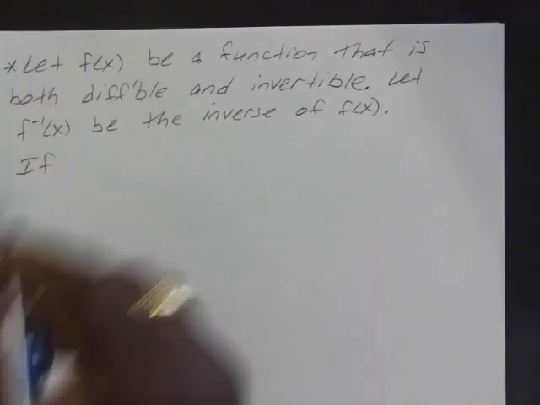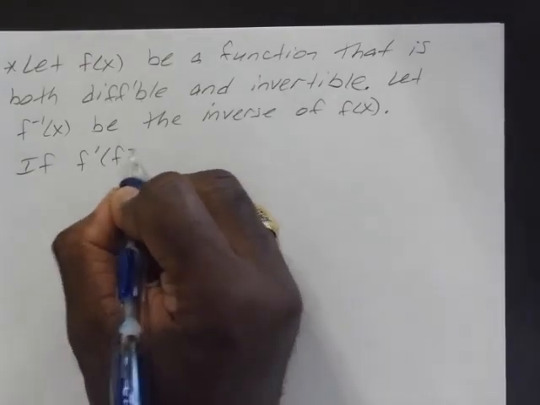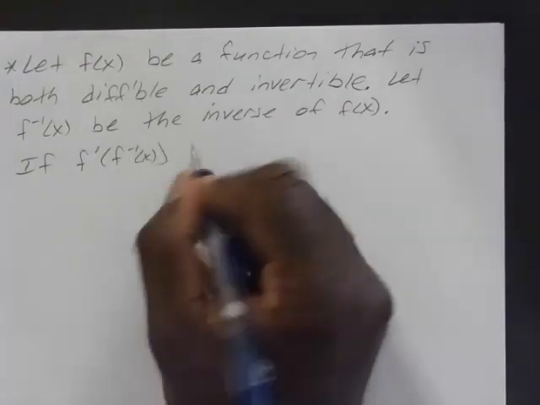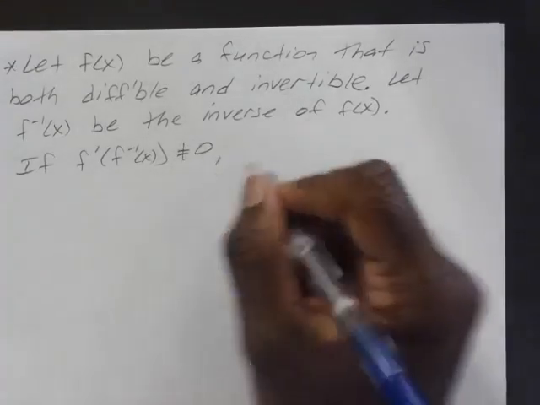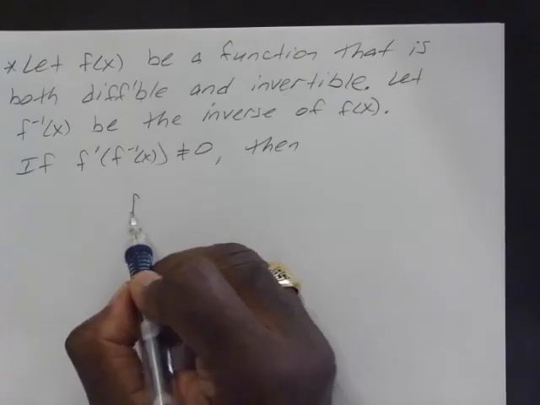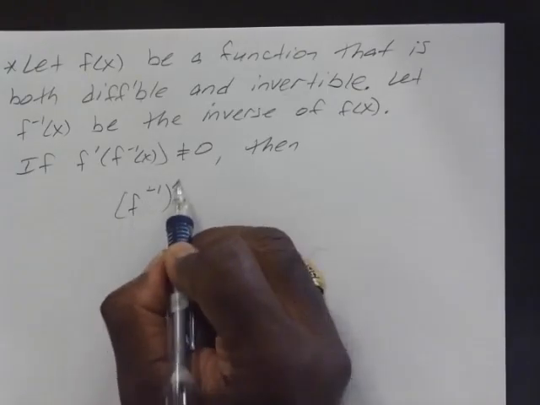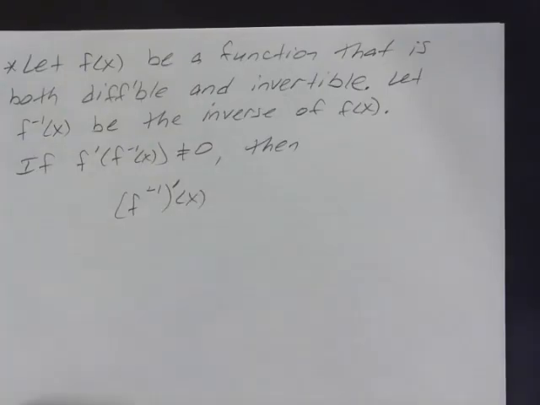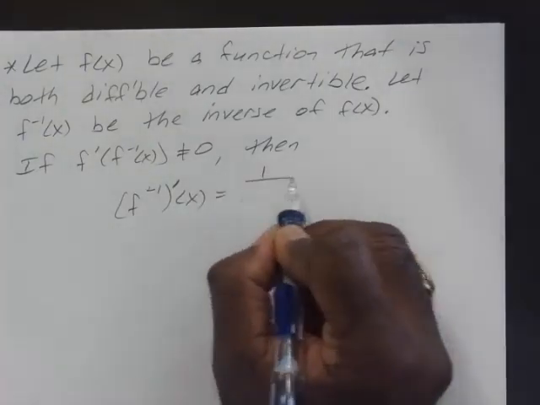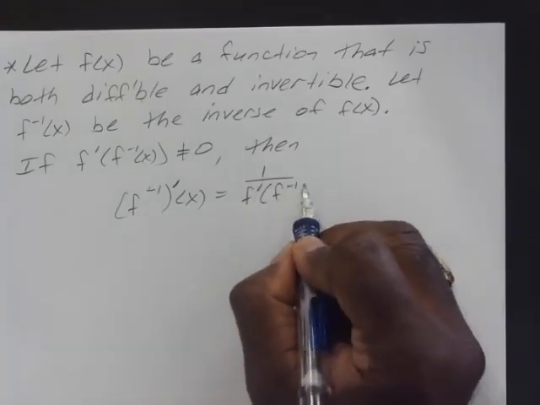Okay, so as long as we know that the derivative of f inverse of x does not equal 0, then we know that the inverse derivative of x is equal to 1 over the derivative of the inverse of x.